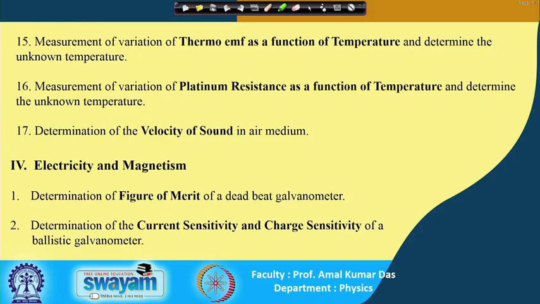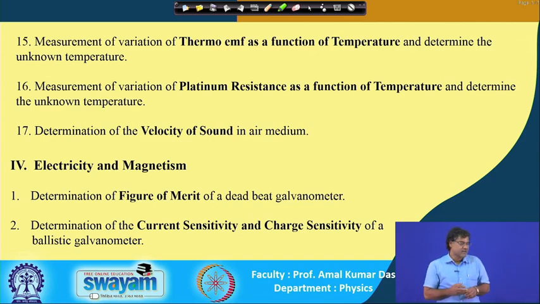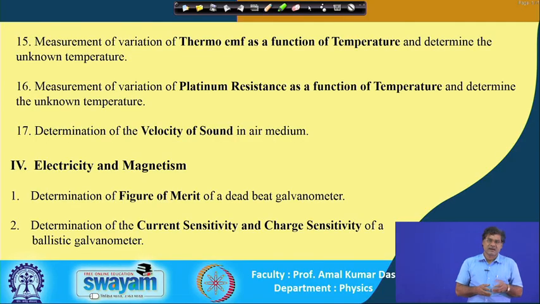then some measurements on electricity. So, for this 15th experiment, the variation of thermo EMF as a function of temperature and determine the unknown temperature. Okay. So, this is basically a thermometer, the thermocouple.